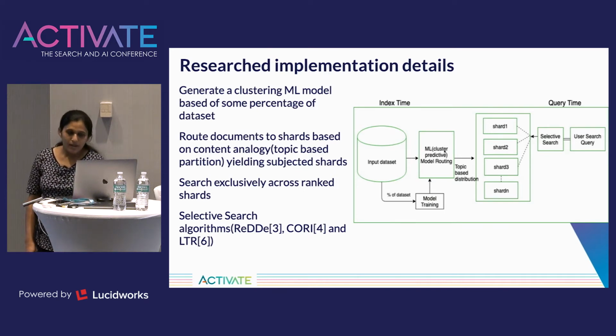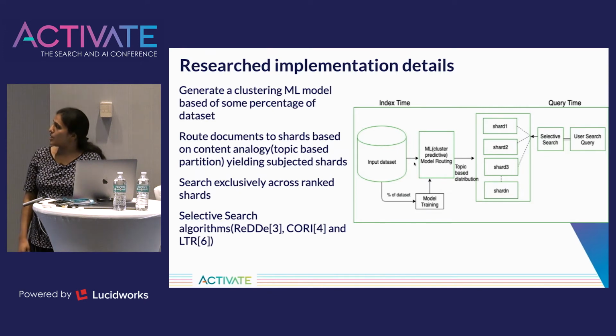So once you have the model ready, you use the model to post the document to the shards. Now you're no longer using composite routing. If you are aware of Solr, or if you have ever pushed source documents into Solr, then you use implicit routing. That's the one I have used here. I use the model to predict which shard this document belongs to, and then use implicit routing to route to that specific shard instead of using the murmur hash or some other technique.